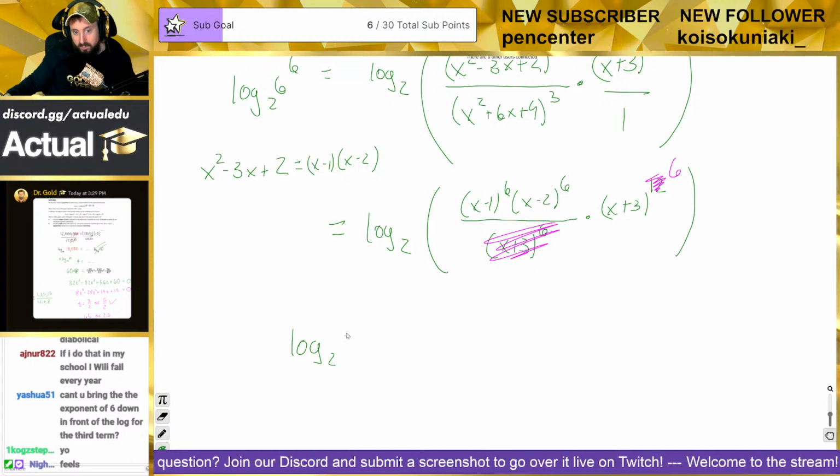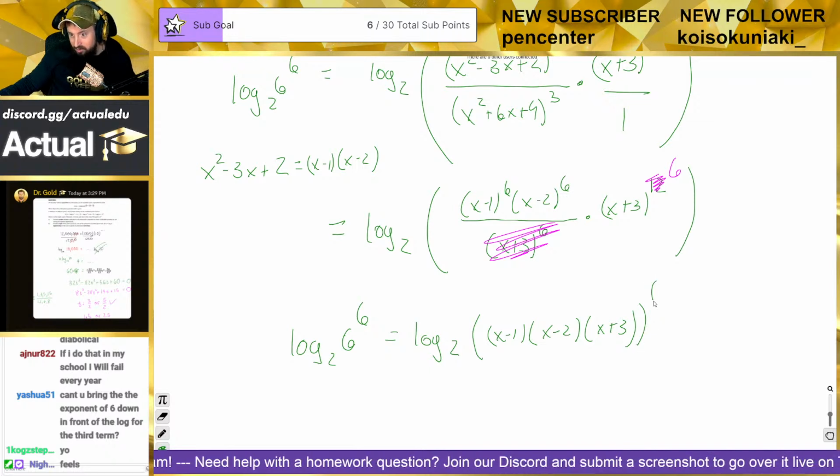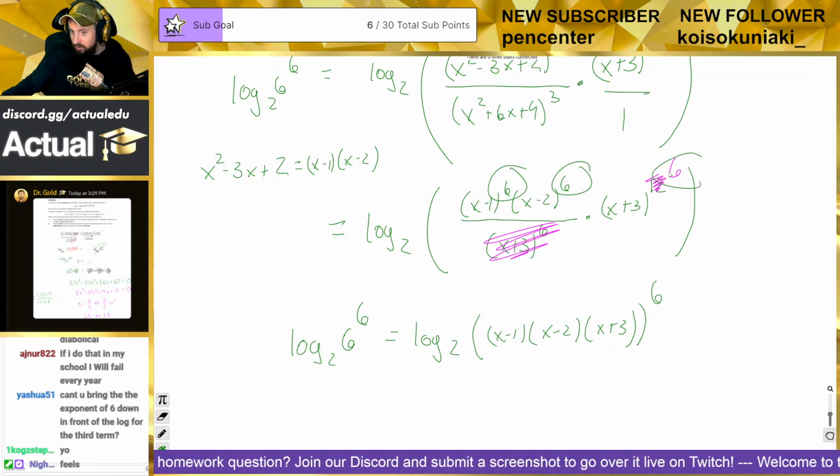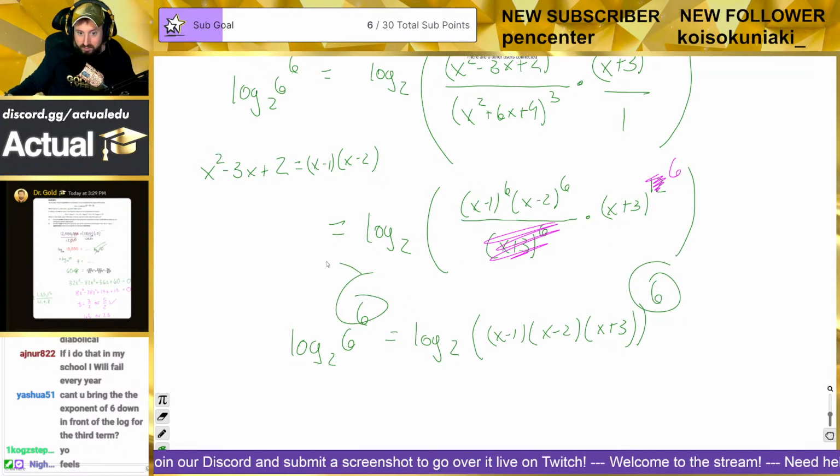So again, log base 2 of 6 to the 6th is equal to the log base 2 of, and notice how all of these things are now to the 6th. So I can say that's x minus 1, x minus 2, x plus 3, all to the 6th, because it hits every single thing. Which is nice, because now if I bring this out front and I bring this out front, those are going to go away.